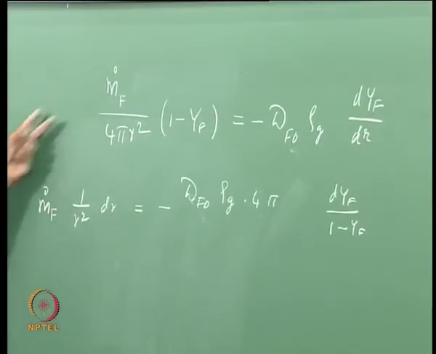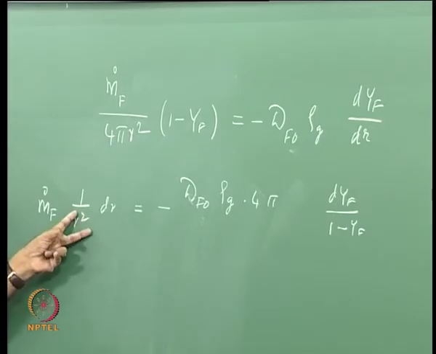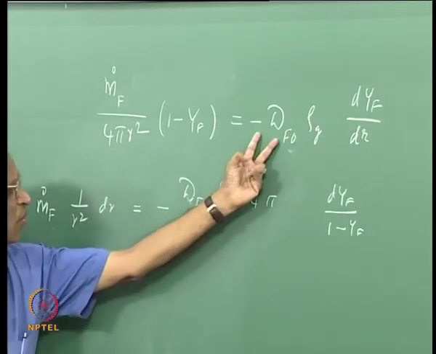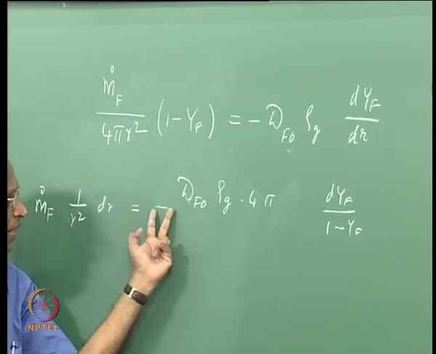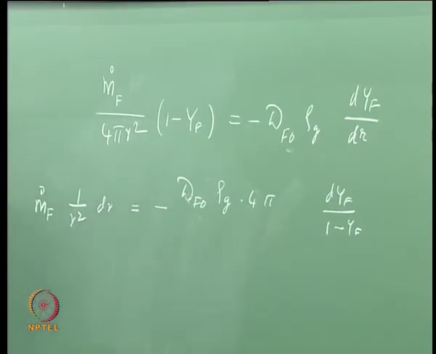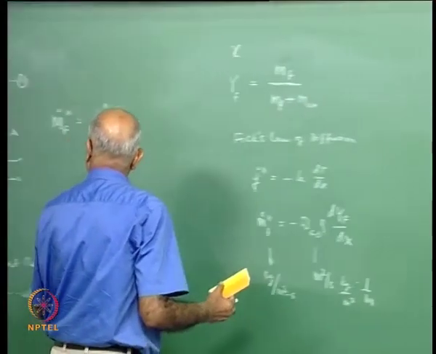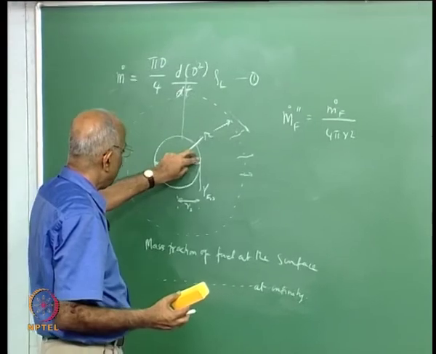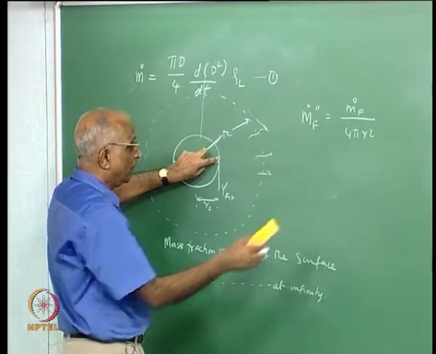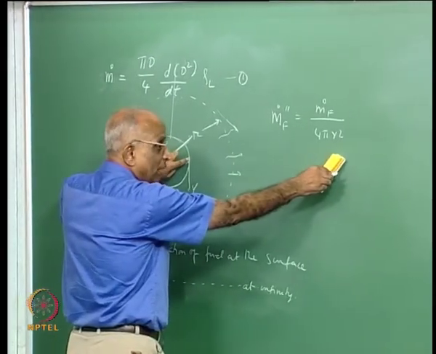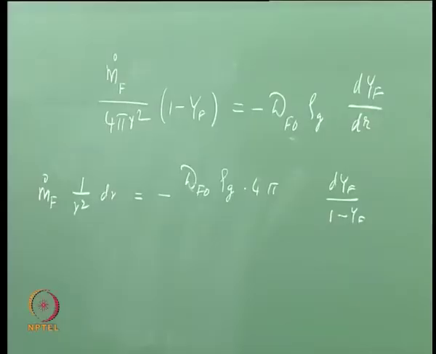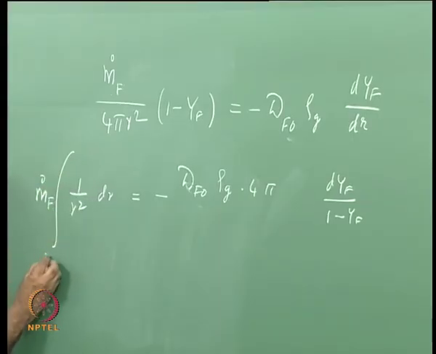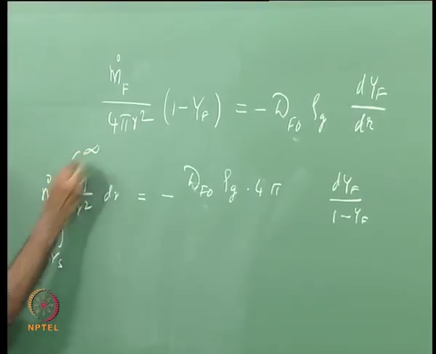What is it I have done? m dot f into 1 over r square, I just transpose 4 pi over here, D_F0 rho g into 4 pi, I still retain this sign, and this is what I get. The droplet changes from the concentration Yfs at the surface to Yf at infinity, and therefore I integrate this equation between the surface of the droplet at rs to infinity.